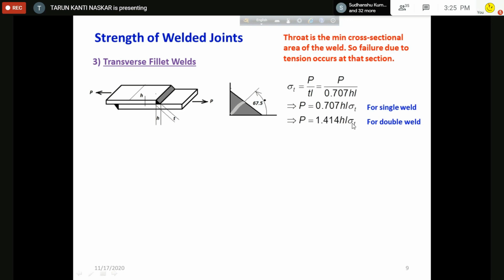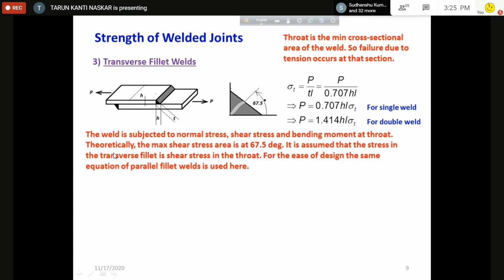This one is for single weld, this one is for double weld. Now the weld is subjected to normal stress, shear stress, and bending moment at the throat when it is subjected to this type of load.